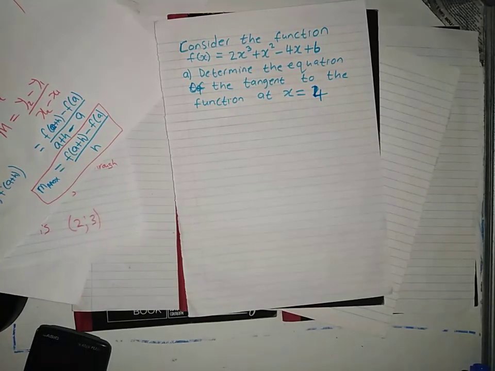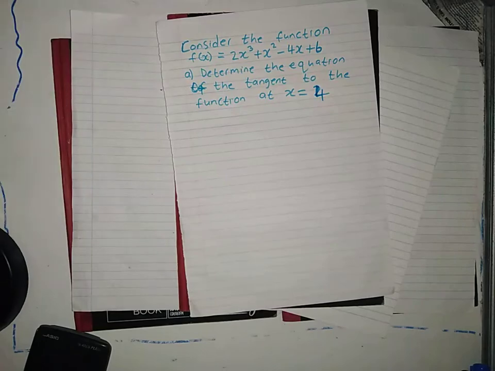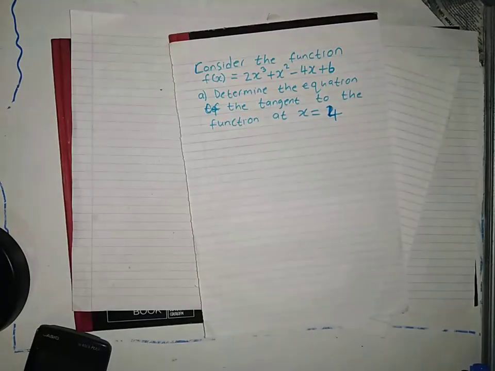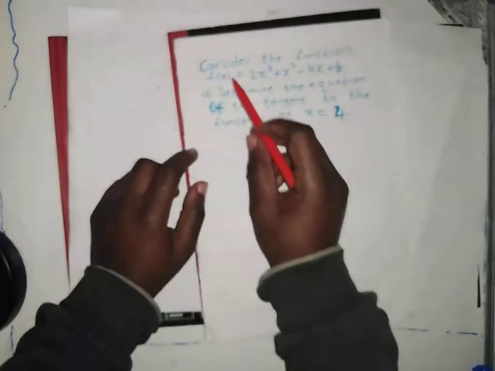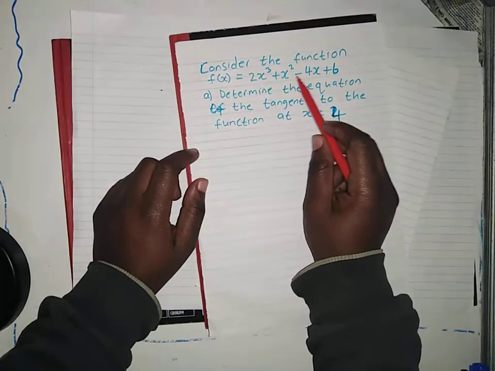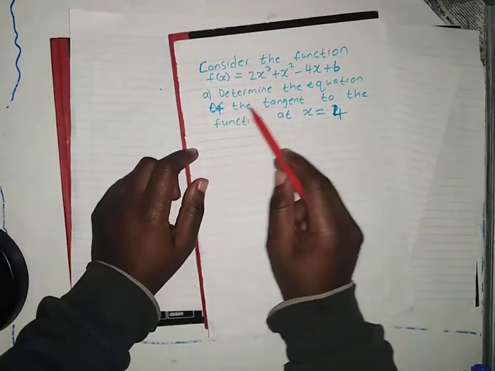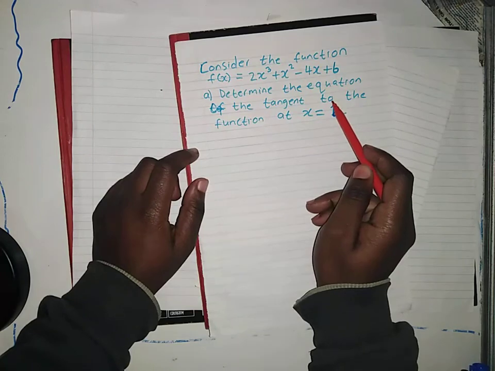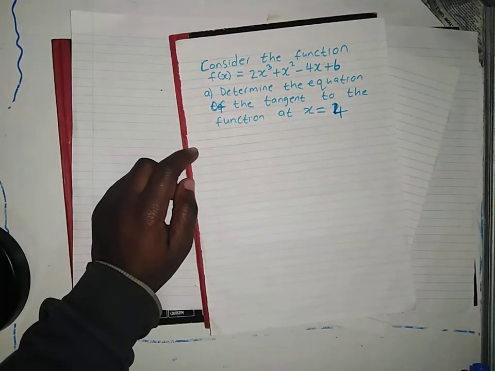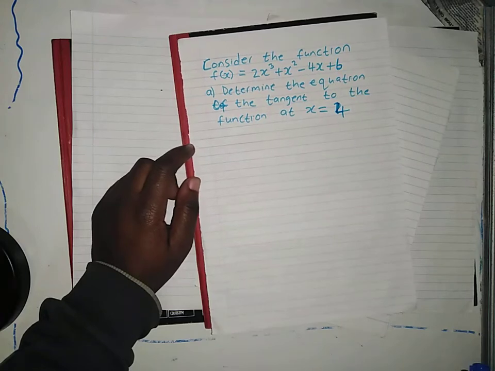All right, guys, let us now take this question. I want to prove to you that in actual practice, this way is faster than the way you saw it. So they are saying, consider the function f of x is equal to 2x to the power 3 plus x squared minus 4x plus 6, and then determine the equation of a tangent to the function at x is equal to 4, right?